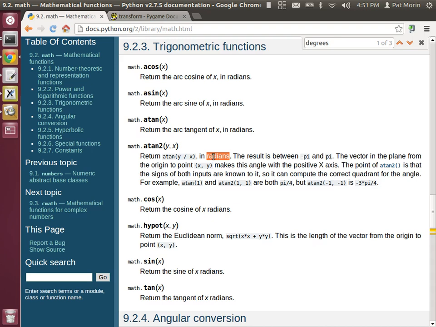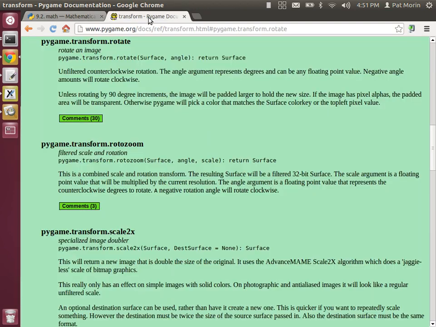Remember, radians are basically numbers usually between 0 and 2 pi. atan2 does it a little differently. It gives you things between minus pi and pi. And if we look at the transform rotate documentation, they want an angle represented in degrees.